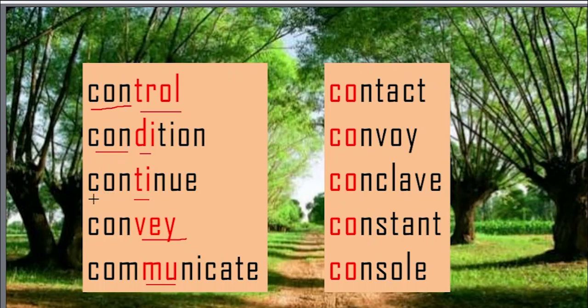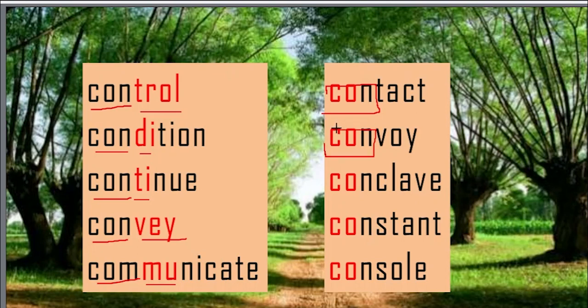The first syllable CON, the accent does not fall on that. The accent falls on the second syllable. So we say control, condition, continue. Here, the accent falls on the first one, CON. Sorry, N also should be red. N is black here, N also should be red.